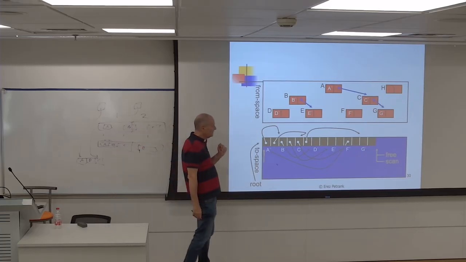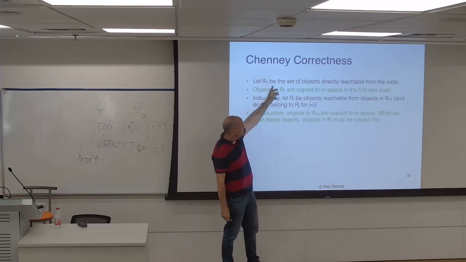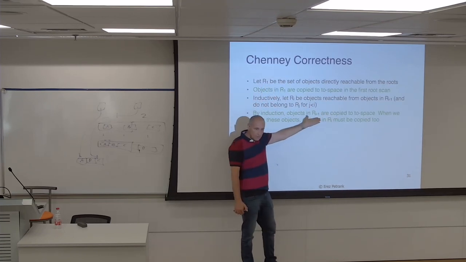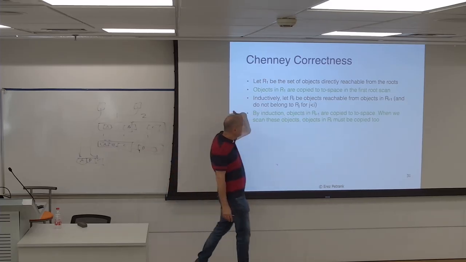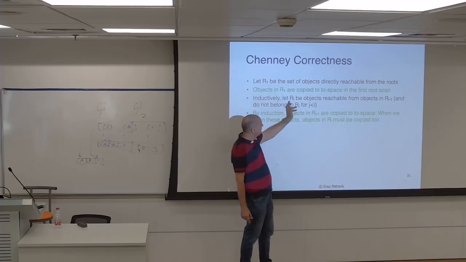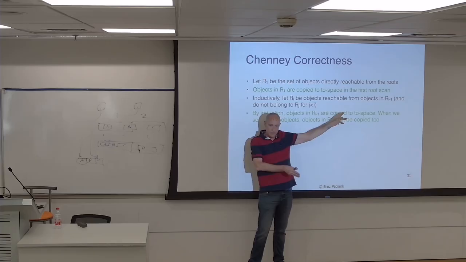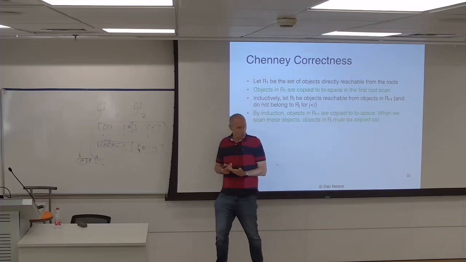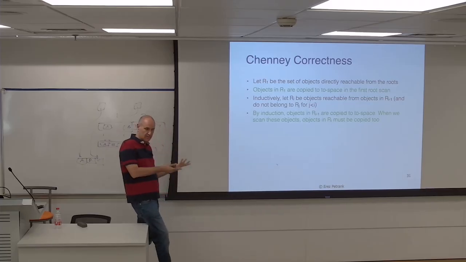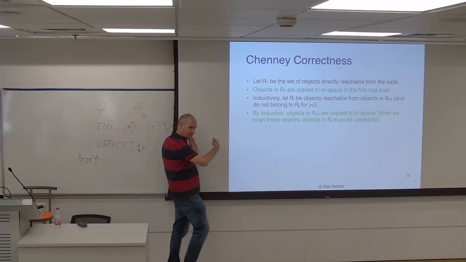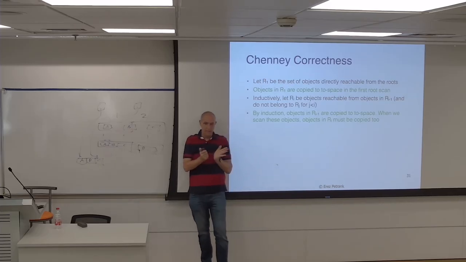So one thing to say is that let R1 be the set of objects directly reachable from the roots. I copy them in the first step. And then inductively, if Ri are objects reachable in i pointers, then I know that in the previous phase, I have all R1 till Ri minus 1 copied.